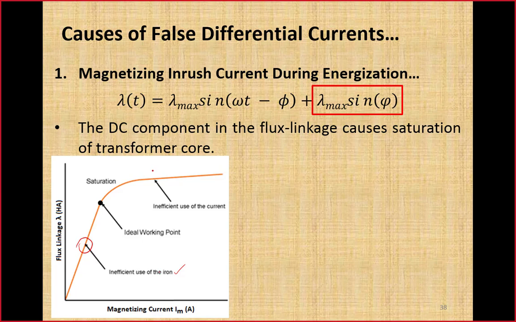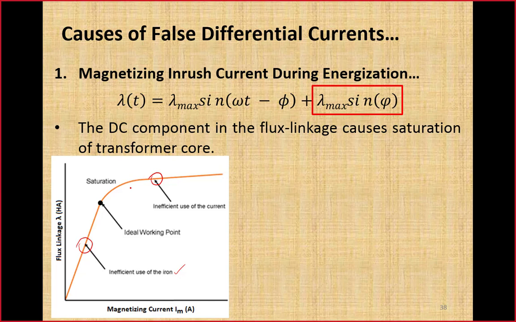On the other hand, if the design point is here in this region, that is inefficient use of magnetization current. It means a large amount of current is required to produce a small amount of magnetization. So that is again the wastage of the conductor or the primary winding, because the majority of the current will be utilized to magnetize the core.